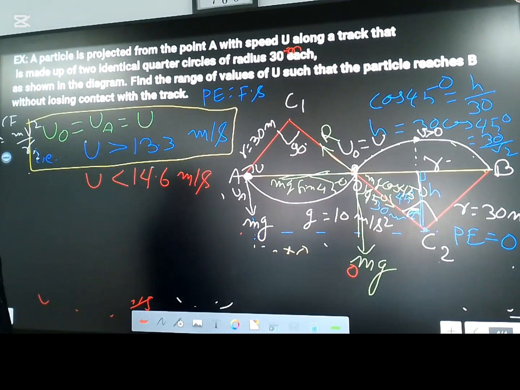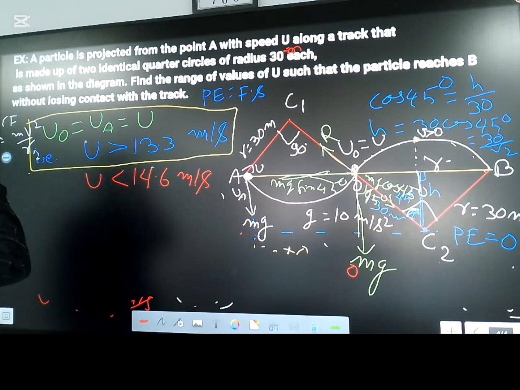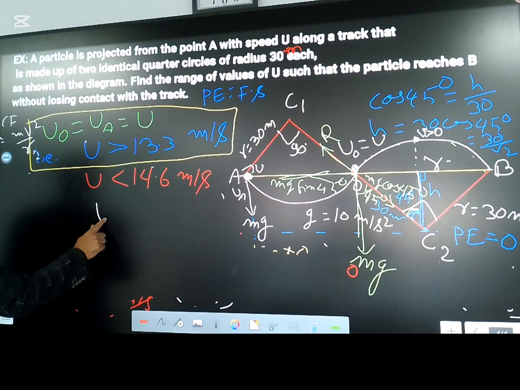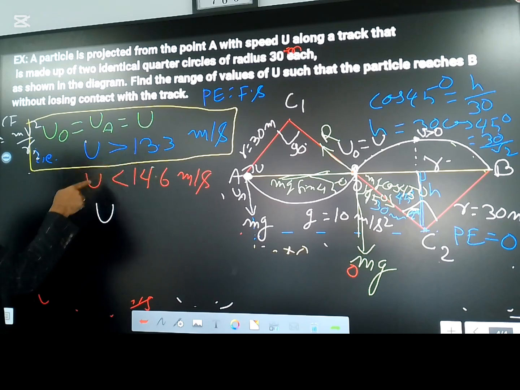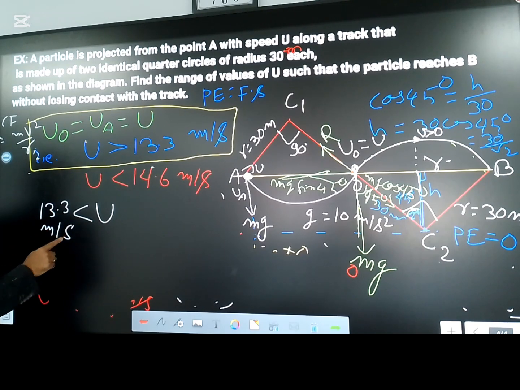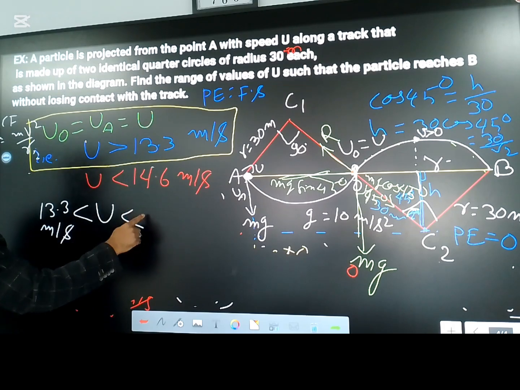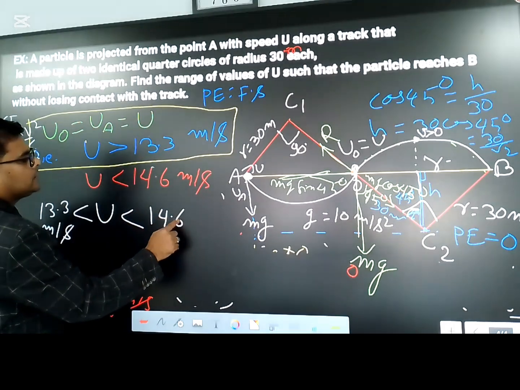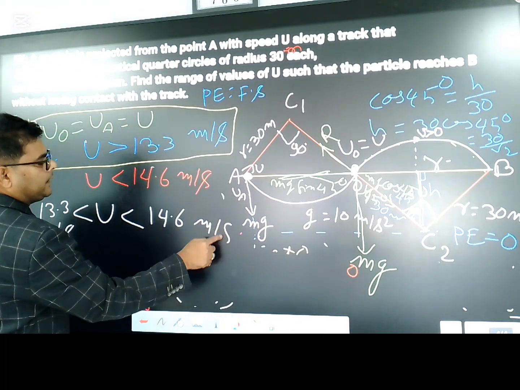Now let's do the conclusion. So here mathematically you can see that the value of u must be bigger than 13.3 meters per second, and it must be less than 14.6 meters per second.